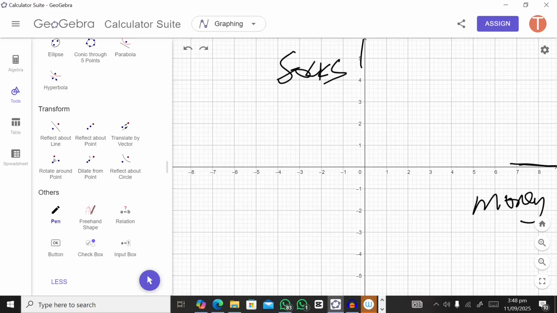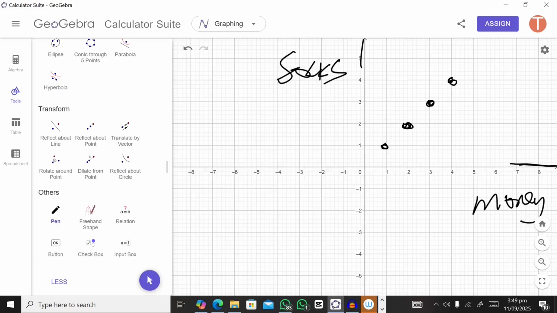And let's say that a pair of socks costs $1. It means that if I have $1, I can purchase 1 pair of socks. If I have $2, I can purchase 2 pairs of socks. If I have $3, I'm able to purchase 3 pairs of socks. And if I have $4, I can purchase 4 pairs of socks.